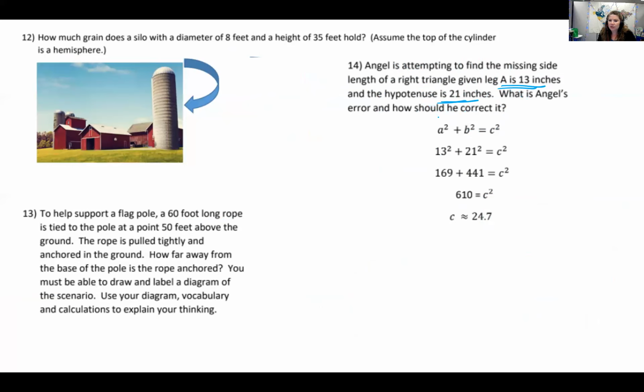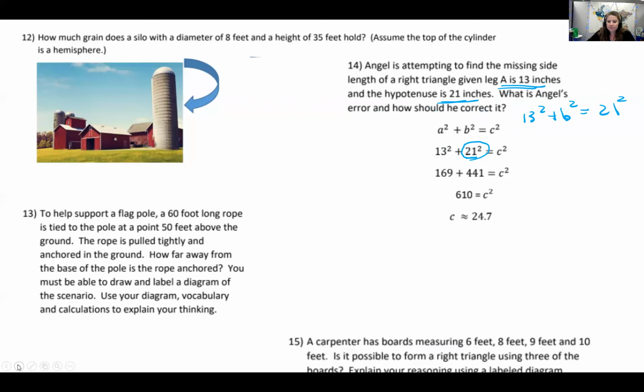Well, Angel obviously used 21 as a leg, not the hypotenuse. So Angel's error is he put the leg in the wrong place. How should he correct it? He should correct it to put 21 as letter C. Okay. And I'm not going to put all that in words because you're listening to me.